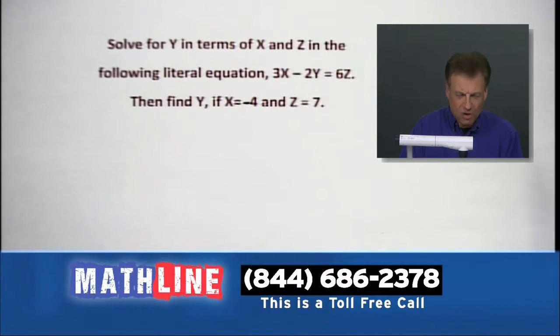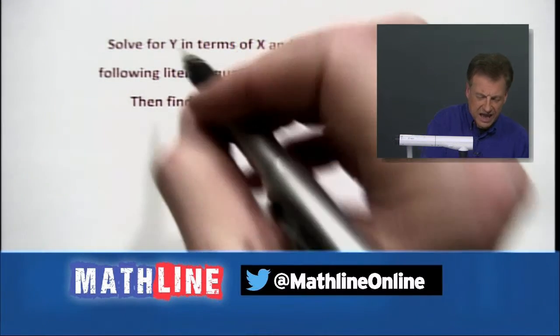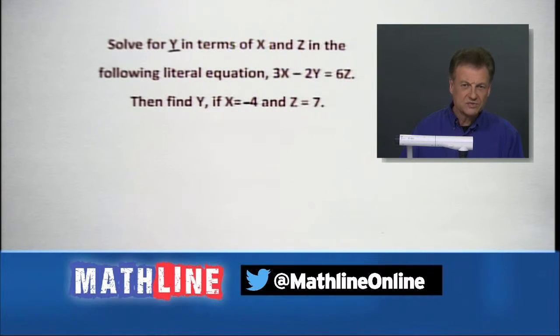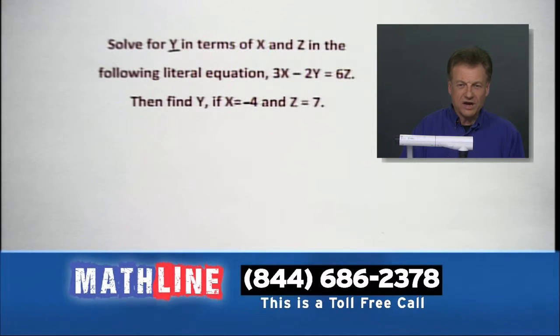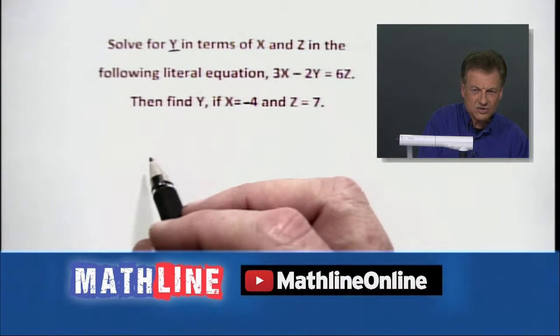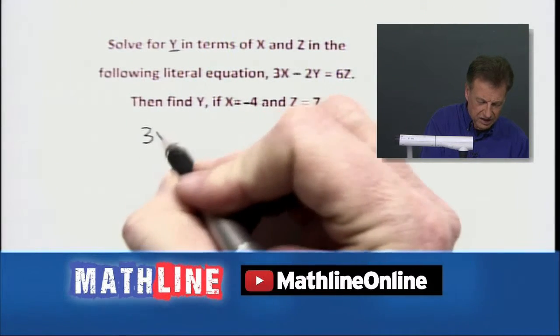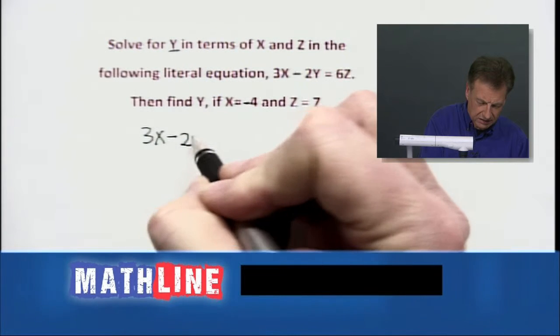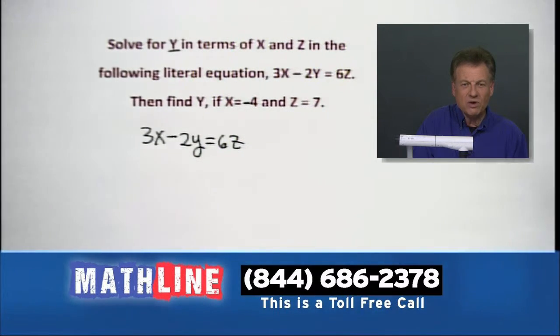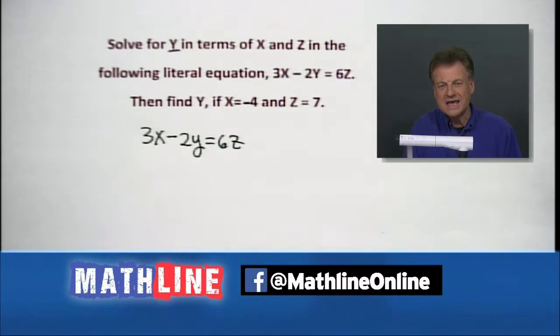So let's see where we're going to go on this problem. Let's play it out. First of all, the game plan is to get y by itself. That's what solve for y means. Now, we are going to take our equation, and that is 3x minus 2y equaling 6z. And what we want to do is get our y by itself.